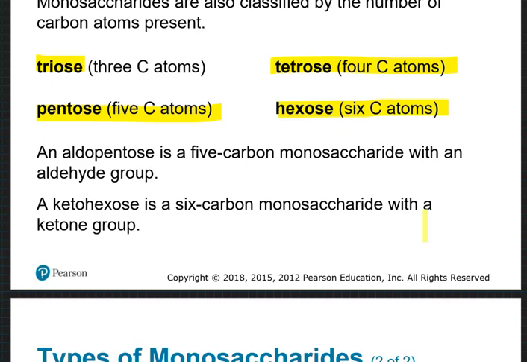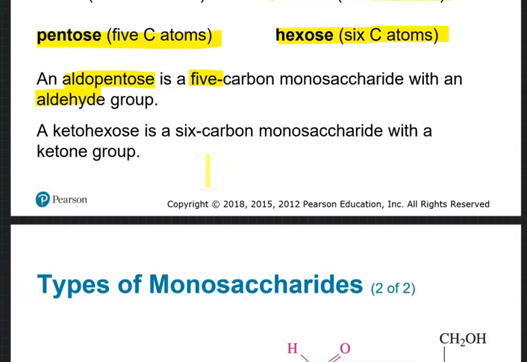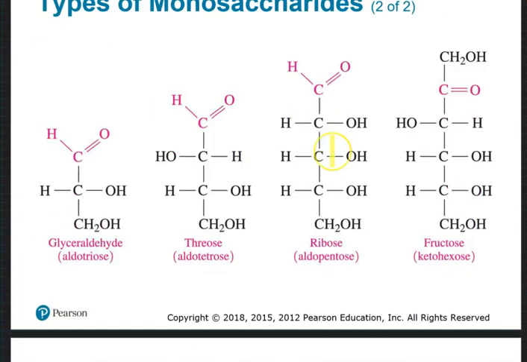So if we have a monosaccharide with 5 carbons that contains an aldehyde group, we will call it an aldopentose. If we have a monosaccharide with 6 carbons that contains a keto group, we're going to call it a ketohexose.